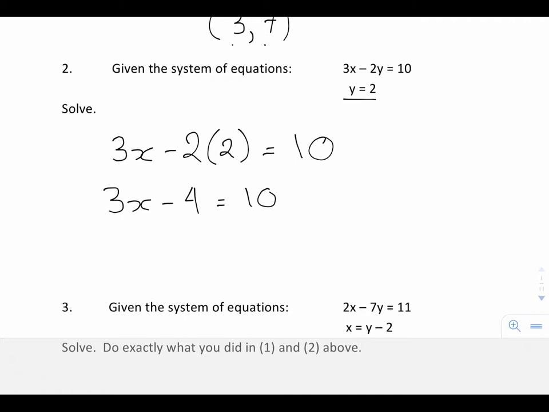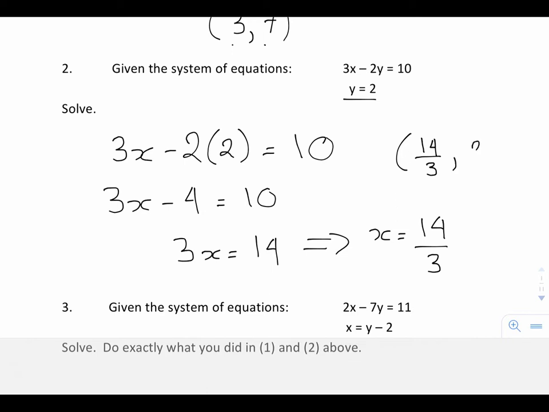And next I bring the 4 over. So I get 3x equals 10 plus 4, which is 14, which means that x is equal to 14 over 3. So quite simple again. In this case, our solution is 14 over 3, which I'm not going to translate into a decimal, comma 2.